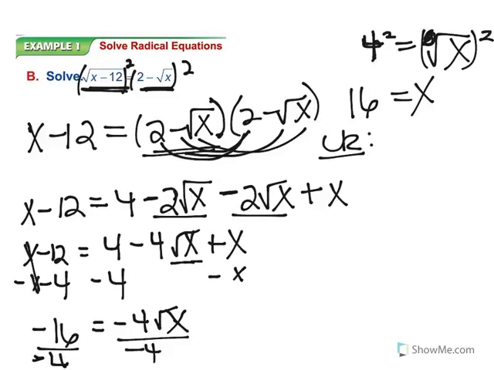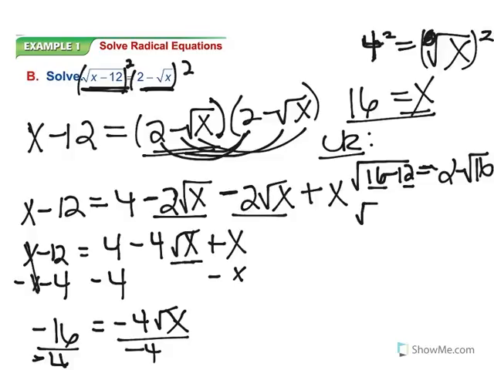So we're going to plug our x equals 16 into our original equation and see if it equals. So we're going to have the square root of 16 minus 12 equals 2 minus the square root of 16. So 16 minus 12 equals 4. So we have the square root of 4 equals 2 minus the square root of 16.